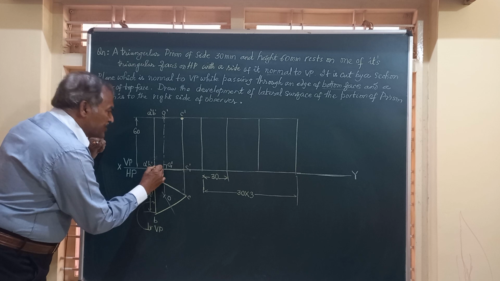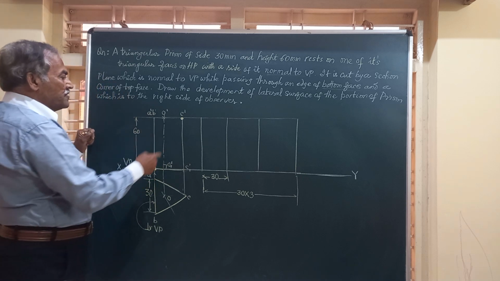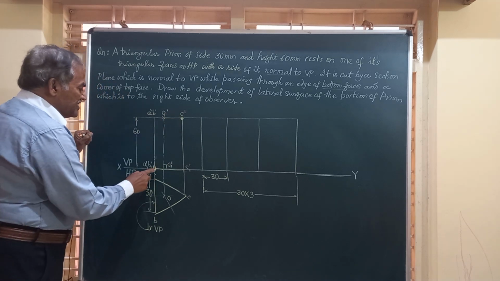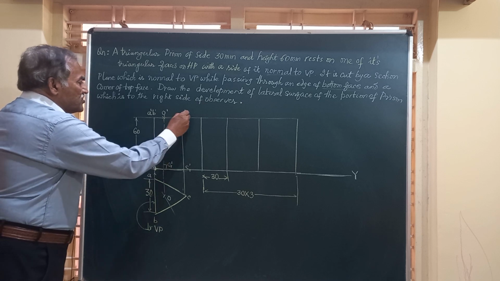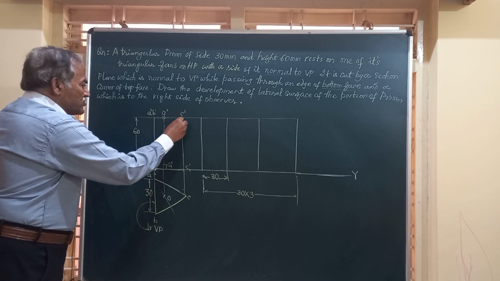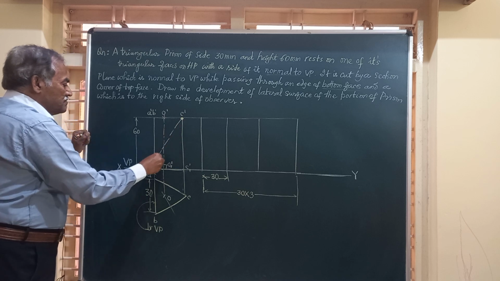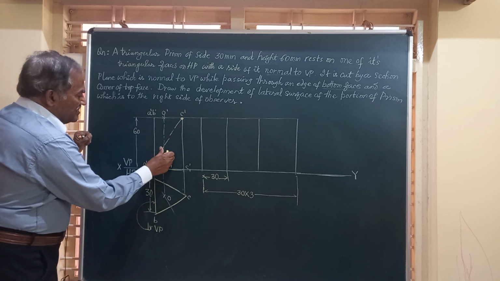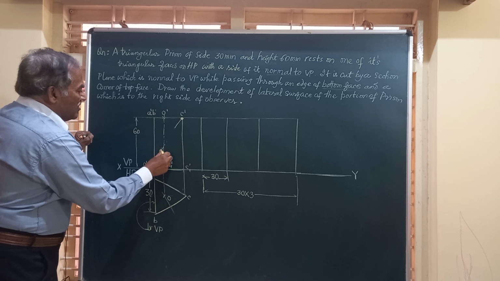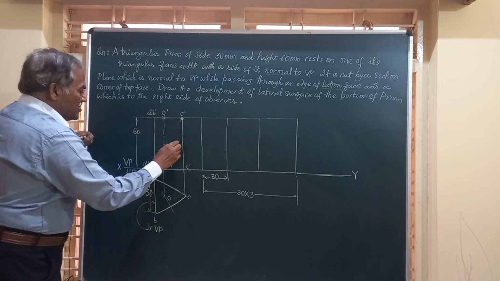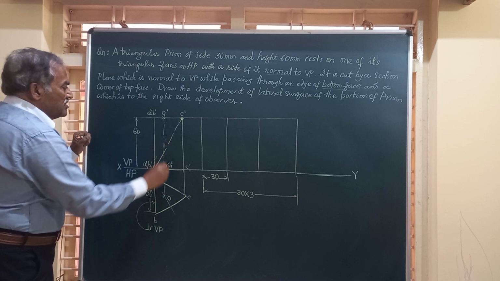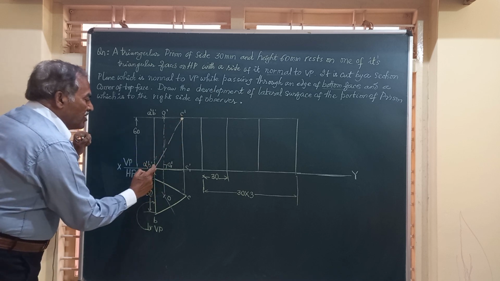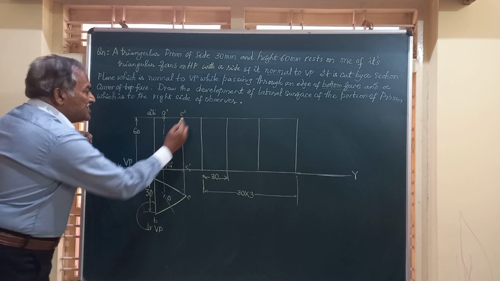So the section plane should pass through these 2 points, that is edge at the bottom face, corner at the top face. So I am going to join these two, that is the corner of the top face is joined to the bottom face edge. This is the section plane.